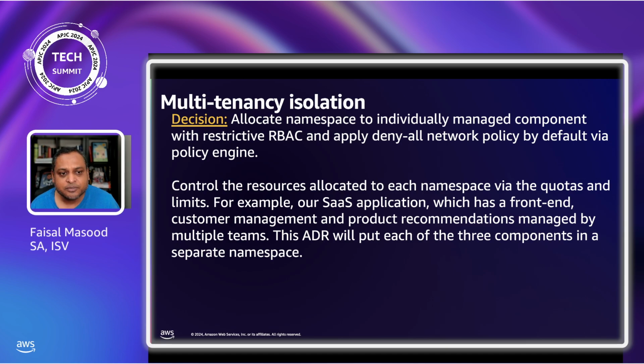Now I personally like to put in examples so that readers can understand and implementers have some clarity. So even if you have a SaaS application, it may have multiple components like front end, customer management, or product recommendations, and every component will have its own namespace as per this ADR.